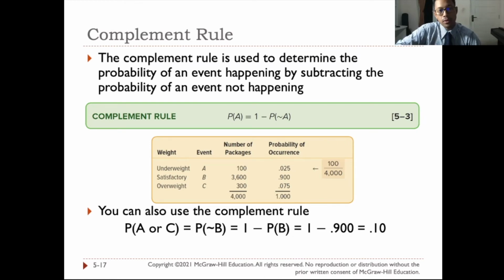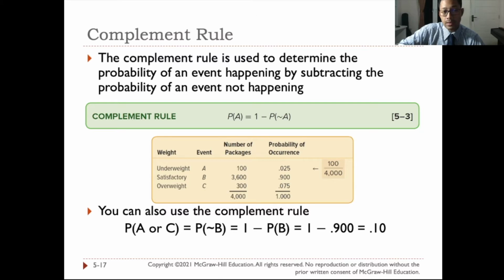Okay. Now, since I mentioned the complement, then let's discuss the complement rule. So the complement rule is used to determine the probability of an event happening by subtracting the probability of an event that is not happening. So the probability of an event A is actually 1 minus the probability of not event A. And so in this particular case, what's the probability of getting an underweight or an overweight package?